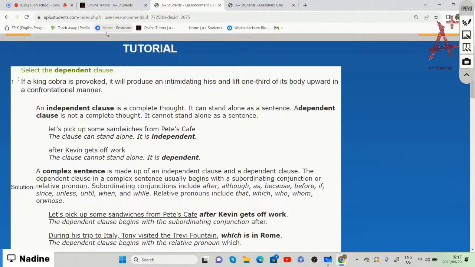And then, after Kevin gets off work. This clause is a dependent clause and it cannot stand alone.